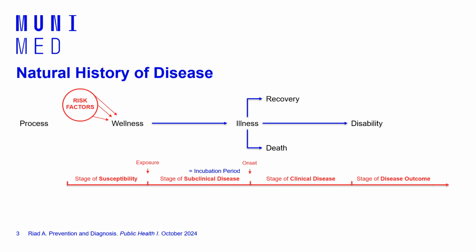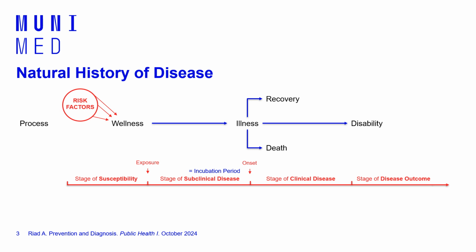Sometimes we can find it by diagnosis or opportunistic screening, but this is not exactly the day of the onset. So again, incubation period, onset, and exposure day are all concepts that are exclusively applicable to infectious diseases, for example influenza, COVID-19, HIV, and many others.